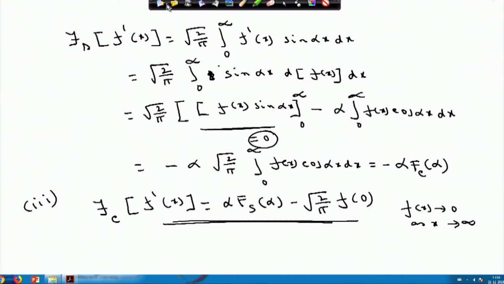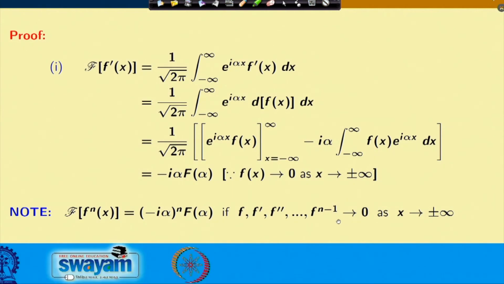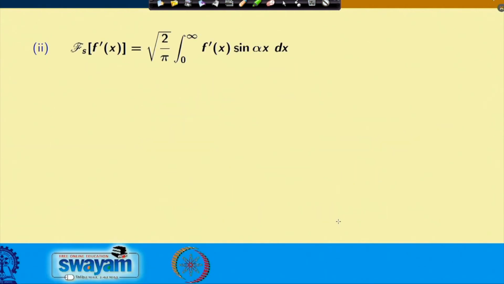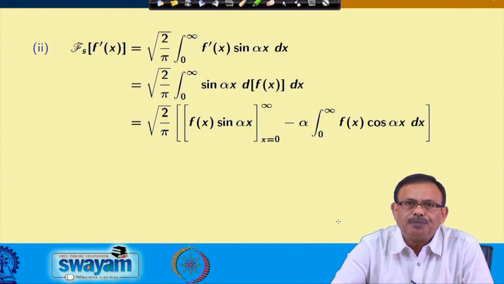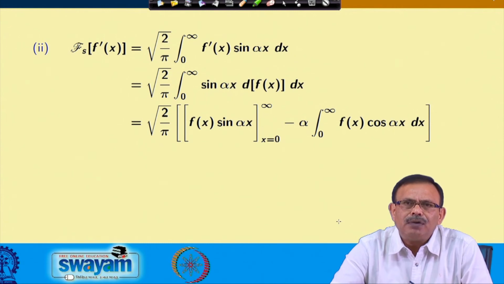So, again let us say quickly the second one, the Fourier sine transform of f dash x that I am finding out. This is root over 2 by pi sin alpha x into d of f x, which I can break using integration by parts. The limiting value of the first term will be 0 because f x approaches 0 as x approaches infinity, and the second integral is nothing but the Fourier cosine transform of the function f x.